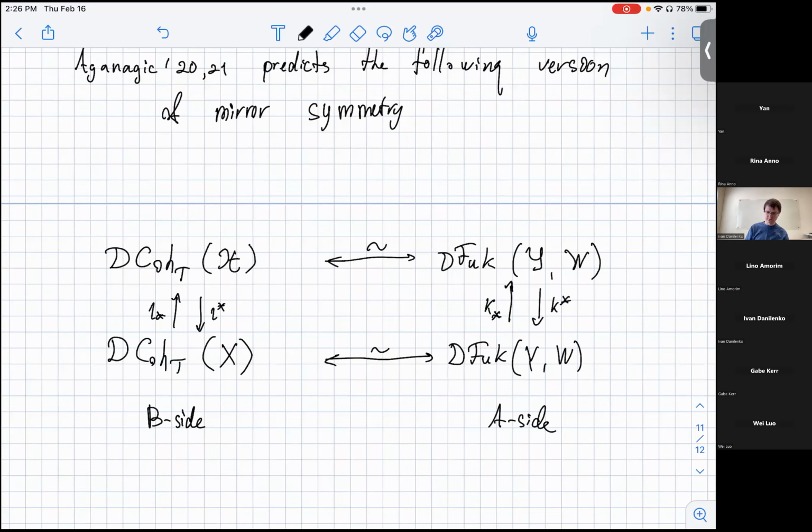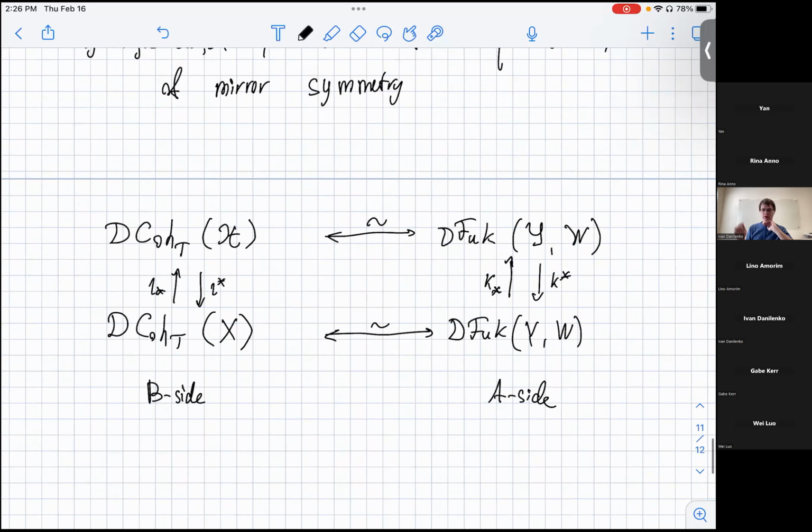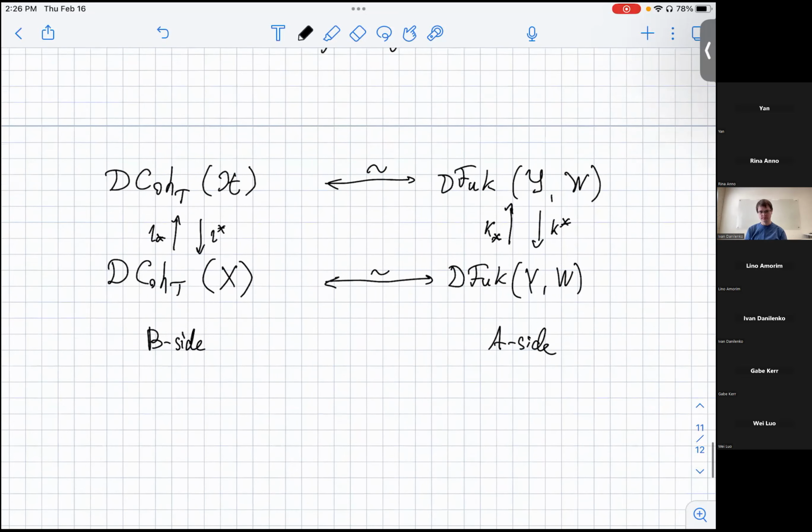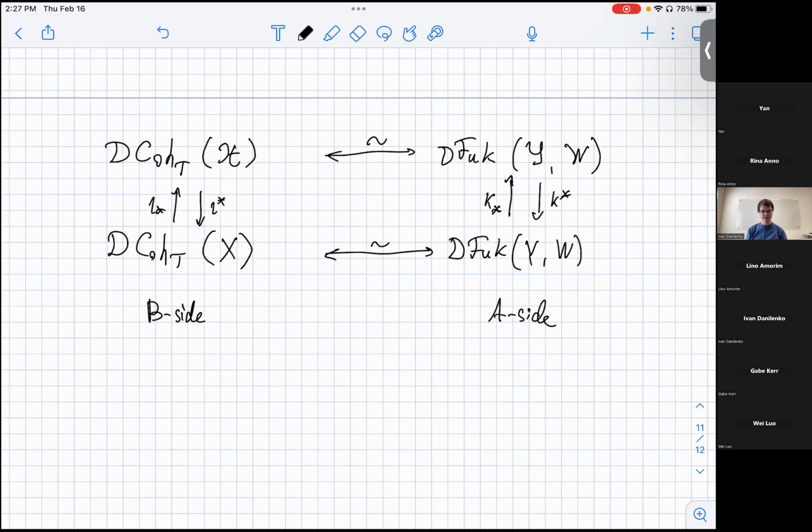Now, what is written here? On horizontal lines, we have equivalences of categories. And I claim that under this equivalence of categories, the functors actually coincide. So first of all, your X Kahler and X non-Kahler indeed behave like a symplectic manifold and its Lagrangian.